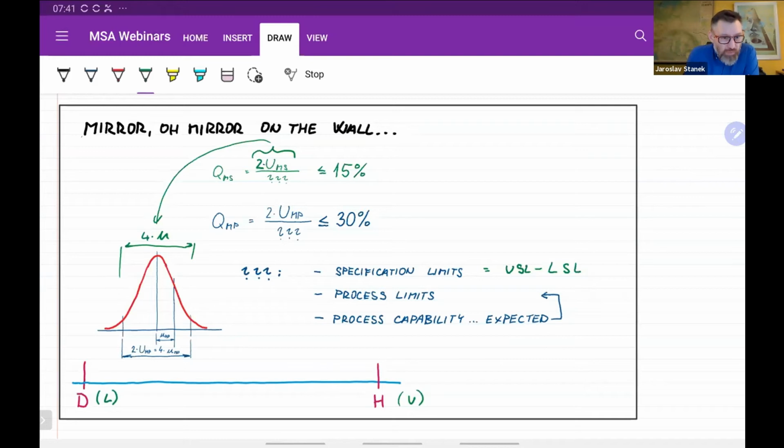Well, that is true, but keep in mind that all we are doing here, and the capability that we in the end want to conclude on, is driven by the idea of controlling the production process.